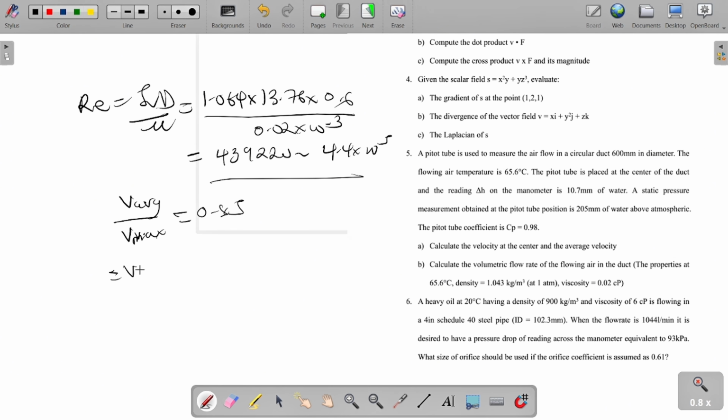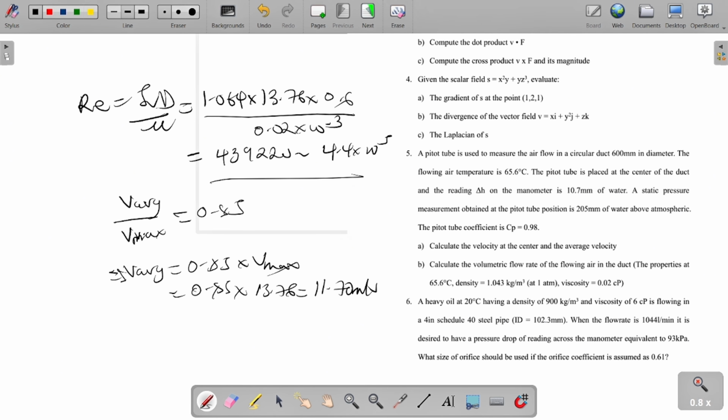So now V average becomes 0.85 multiplied by V max, right? The V max over here is 13.76. So that gives me a V average of 11.70 meter per second, right?